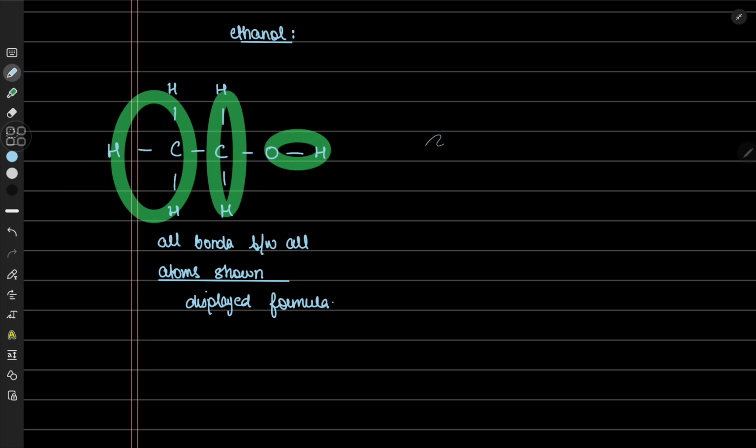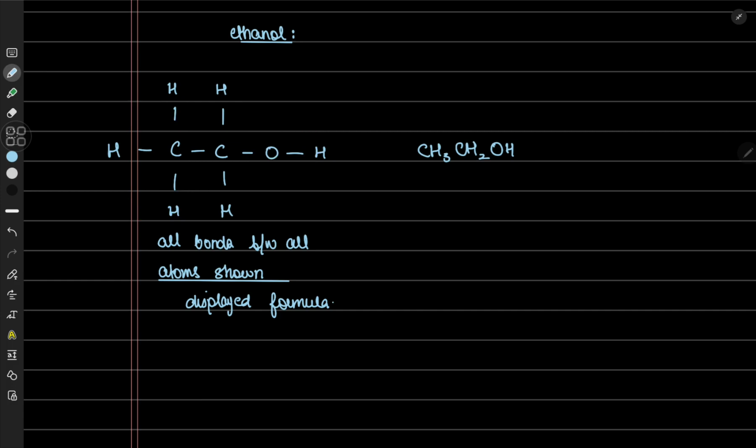So let's write them like this: CH3 bonded with CH2, which is bonded with OH. Now this is a condensed form of the displayed formula, and therefore it is also known as the structural formula or the condensed formula. So this is structural/condensed formula, and you can call it whatever you like.